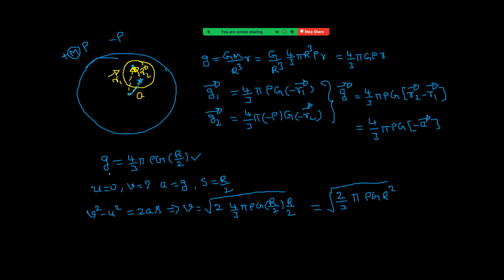Be careful: we got the g value, u is 0, v we have to calculate, a equal to g, S equal to R by 2. So the equation is V square minus U square equal to 2aS, right? You have to remember that inside the cavity the field is uniform, and the direction is from the center of the cavity to the center of the bigger one, right?